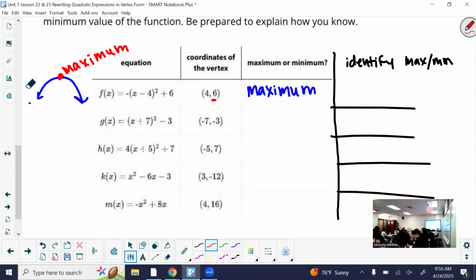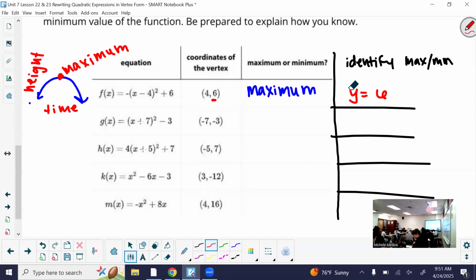Because think about all those real world examples where we compared height and time. This is my maximum height. It's not my maximum time. So my maximum is just a 6, but I'm gonna put y equals 6 just so that you know it's just a y. Questions on that?